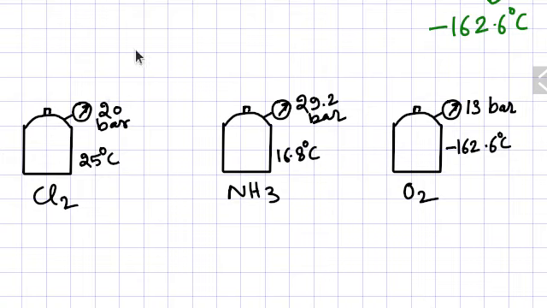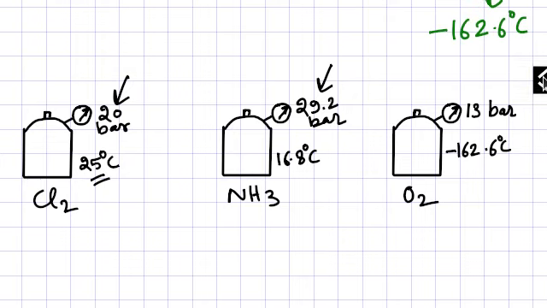For example, chlorine gas is at 20 bar, ammonia is at this bar, oxygen is at 13 bar.